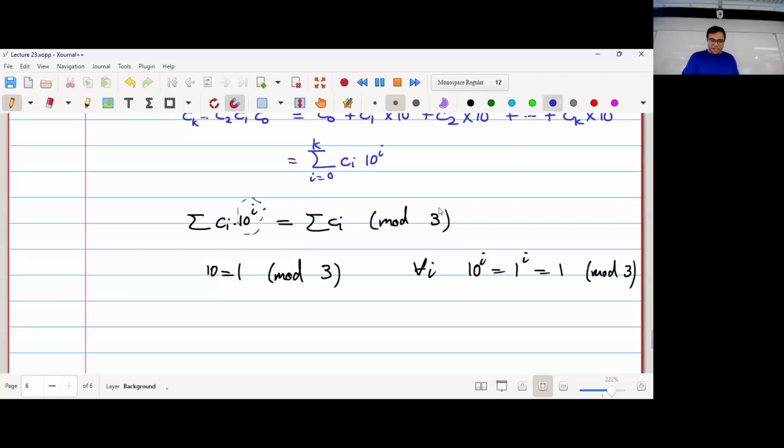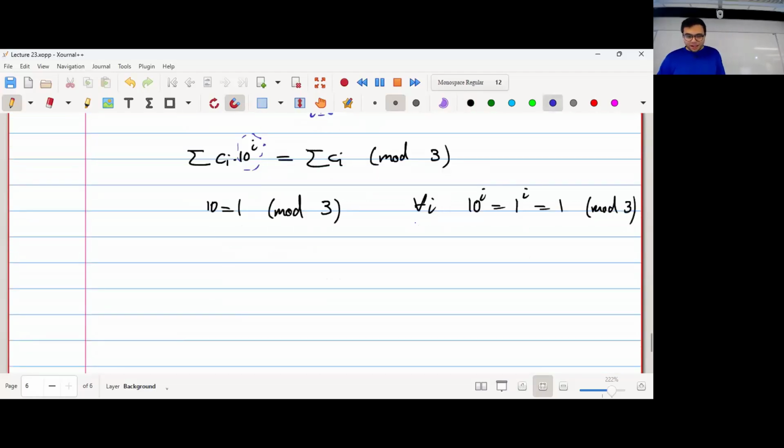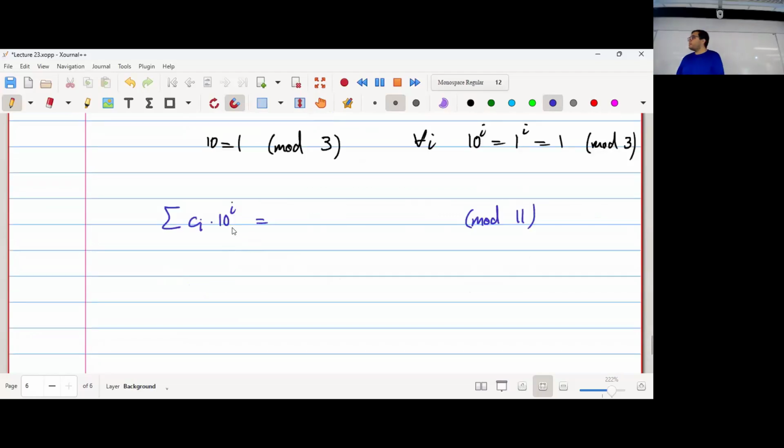Yes, but well, I can also do something like this. Let's say I'm doing the sum of Ci times 10 to the power of i, and I'm doing this modulo 11. What is 10 to the power of i modulo 11?